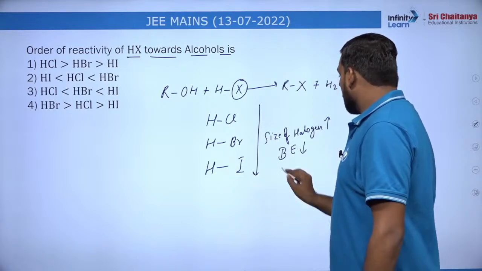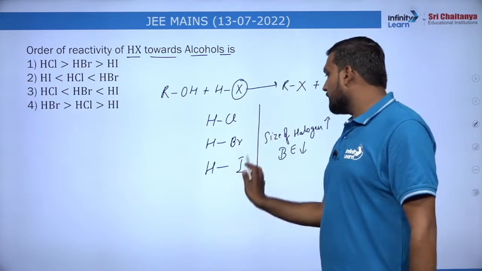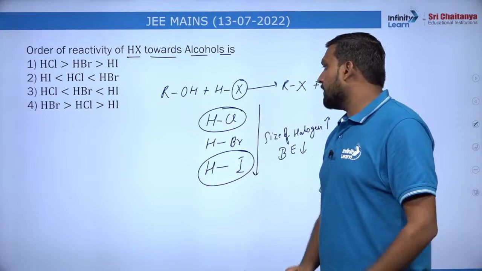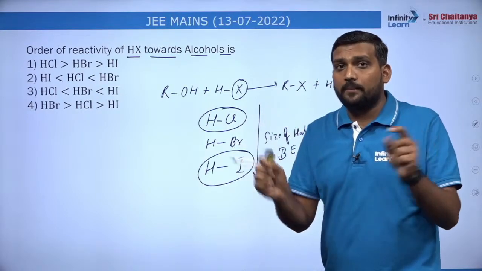So the tendency to break the bond is easier, and that's why the maximum rate will be achieved in the case of HI and the minimum in HCl, because breaking the HCl bond will not be easier as it has a better overlapping than HI.